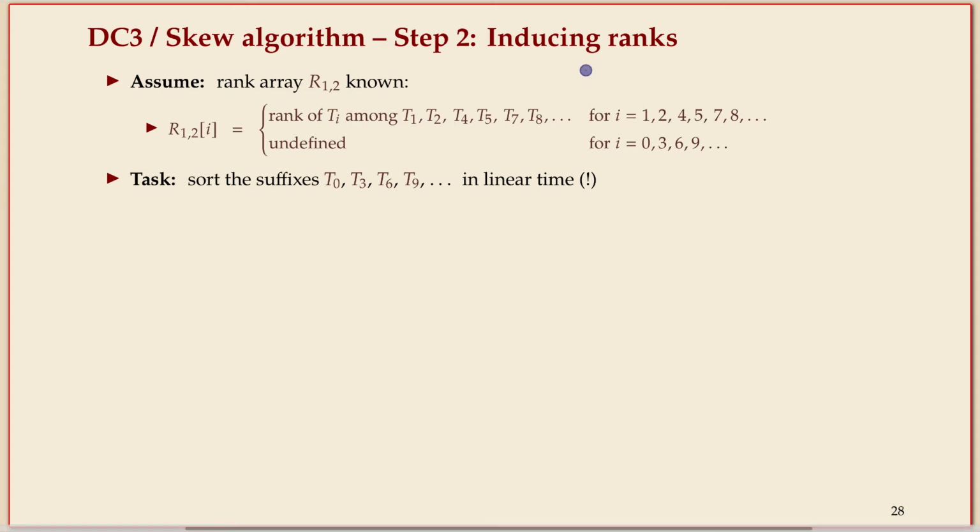So now let's look at step 2 first, which was: we have the recursion done for these suffixes that start at positions 1 or 2 modulo 3, and we would like to sort these suffixes that start at multiples of 3. And we somehow have to use the knowledge that we got from sorting those ones. So how could we possibly do this?